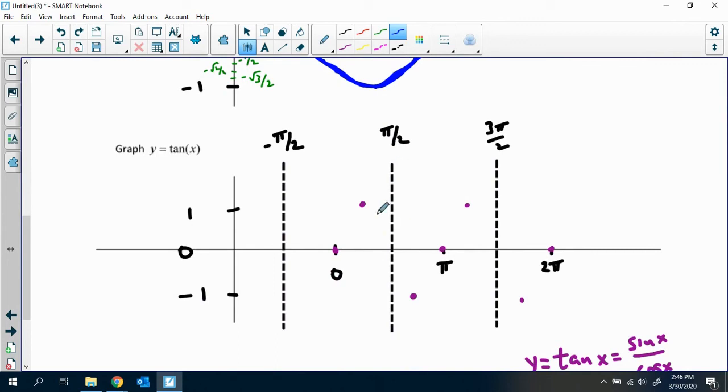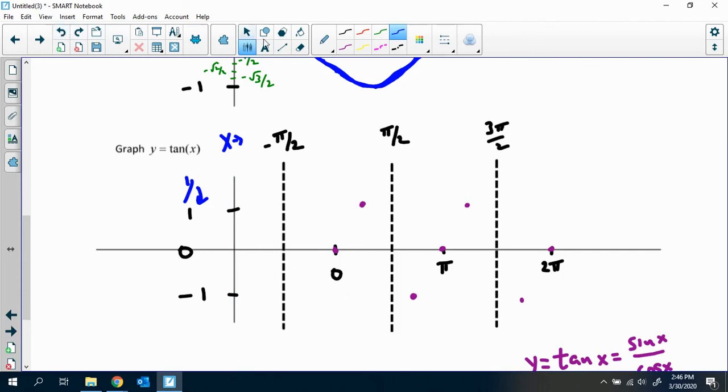Now we have these undefined values at negative pi over 2 and pi over 2. So these represent my x values up here, and then these represent my y values down here. Notice that I don't have to put the x equals 0 on this line if I don't want. Now I can, but I'm just putting x equals 0 right here for my own ease.